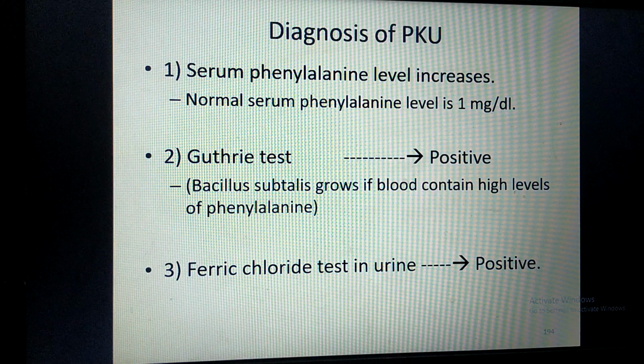Such patients are selected and then the above two tests are done on these patients to confirm the diagnosis. The above two tests are tedious and expensive, but the ferric chloride test is cheap. Therefore, it is used for screening all the newborns for phenylketonuria.